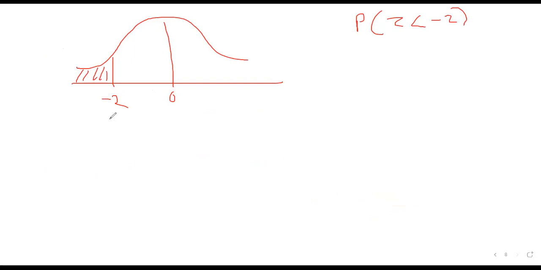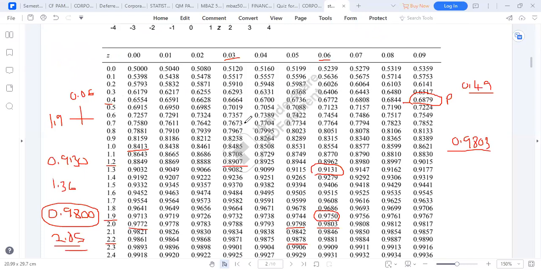Because it's less than. But even before we look at -2, we're going to subtract, because this is a small reading. The negative just shows you that you are on the negative side, but we're just using the positive table. Of course, there are also negative tables, but I want you to concentrate on just one table for it to be easy for you. So 2.0 means 0.9772.